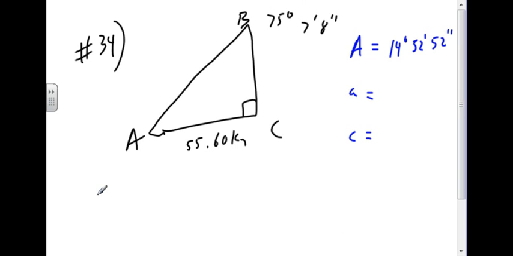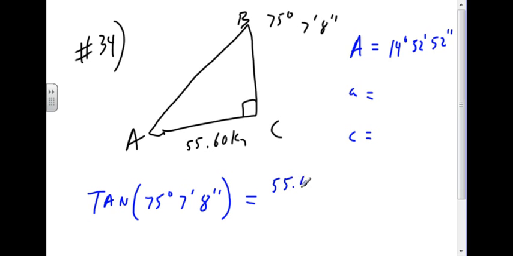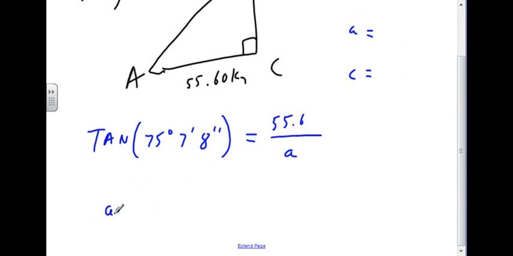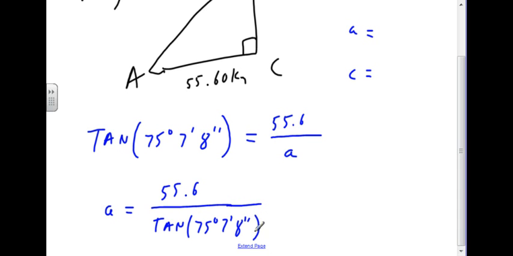Let's use the tangent function. Tangent of 75 degrees, 7 minutes, 8 seconds equals the opposite, 55.6, divided by little a. So little a is 55.6 divided by the tangent of 75, 7, 8.